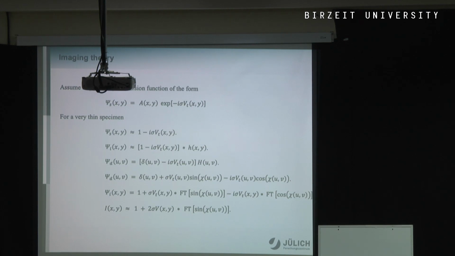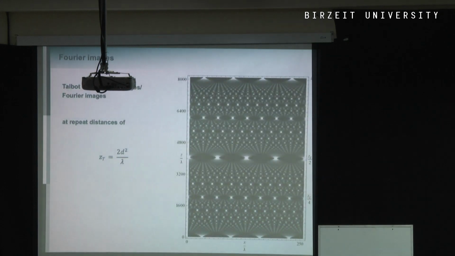And halfway between those defocus values, you come back to approximately the inverse of the image you started with. If you look up in Wikipedia an effect called the Talbot effect, this is exactly what is happening in electron microscopy. These are referred to as Talbot images or self-images or Fourier images.